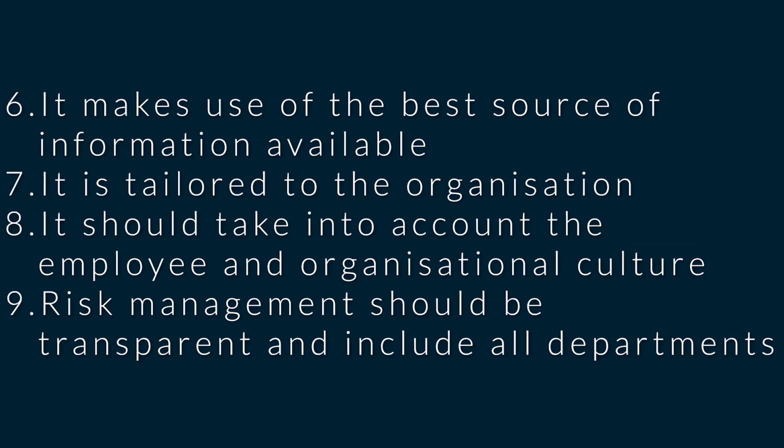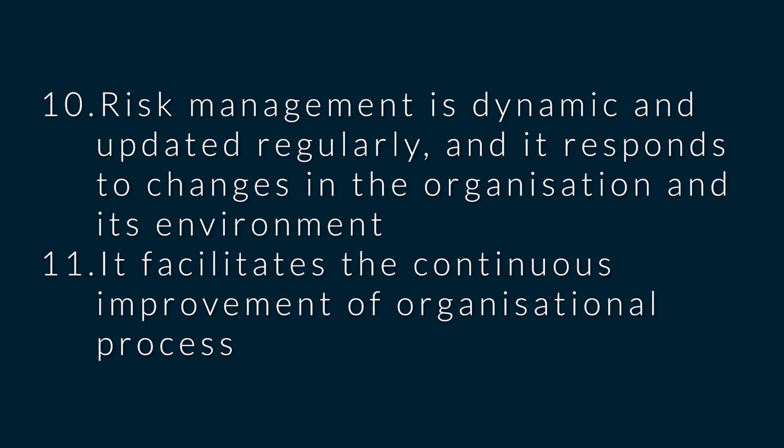Number 6, it makes use of the best source of information. Number 7, it is tailored to the organization. Number 8, it should take into account the employee and organizational culture. Number 9, risk management should be transparent and include all departments. Number 10, risk management is dynamic and updated regularly, and it responds to changes in the organization and its environment. And finally, it facilitates the continuous improvement of organizational processes.